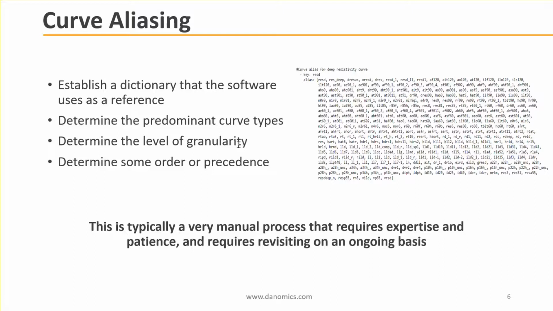One thing I will say is in Danomics, we have an alias table of somewhere between 7,500 and 10,000 curves already built in there for you. So you should be capturing somewhere in that 95 to 99% data range using our software.